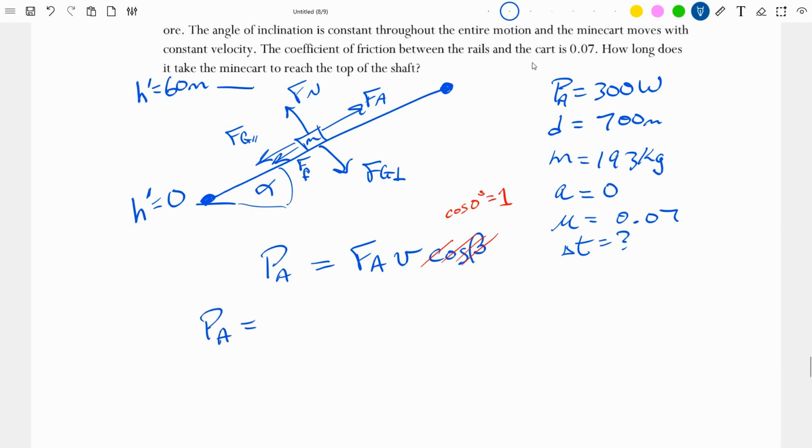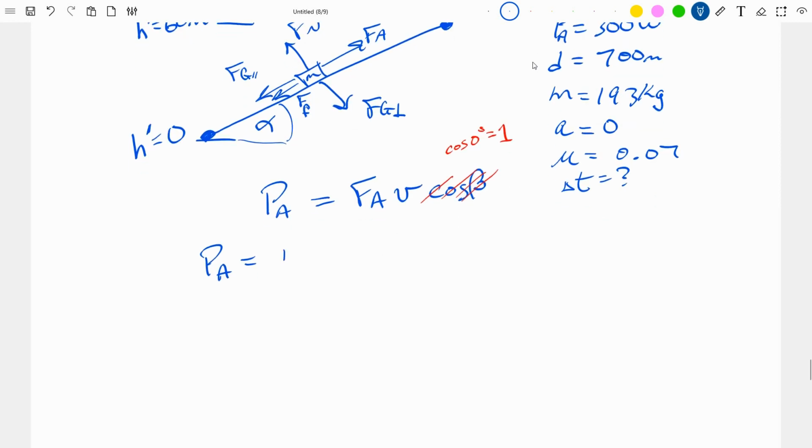The force applied, we do have to connect this to these forces. If we're not accelerating, it's equal to these two working as a team. So it is equal to the force of gravity parallel, plus the force of friction, so there's the applied force, multiplied by the speed.